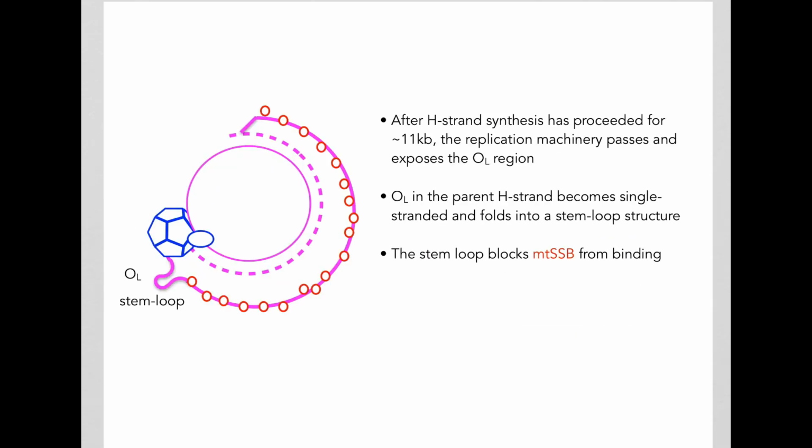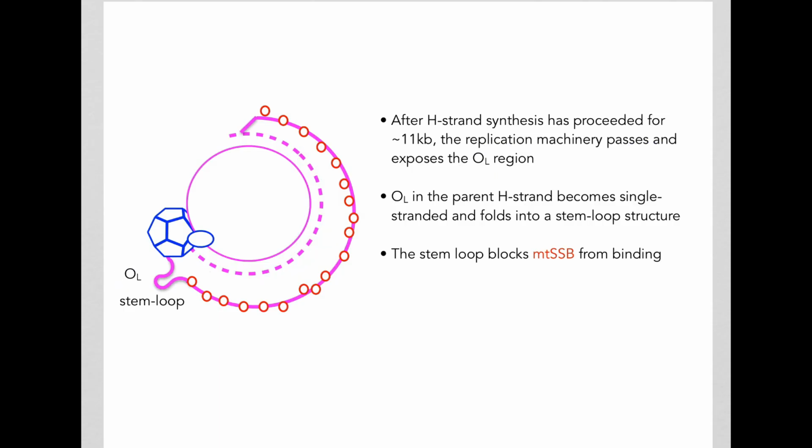So after the H strand synthesis has proceeded for about 11 kilobases, all of this stuff here, the replication machinery now passes the OL region, the origin of replication for the light chain.